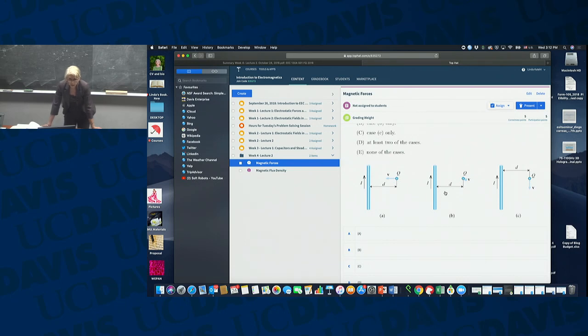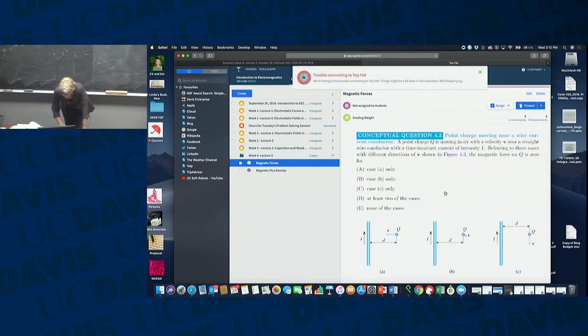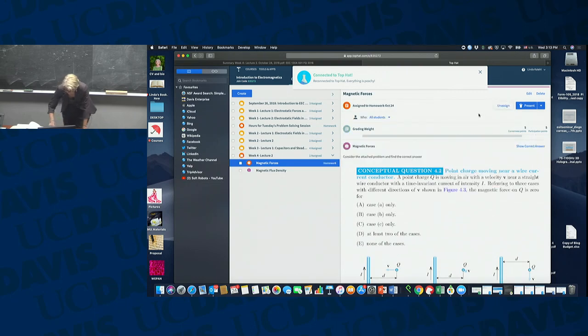I want you to think on the basis of what we discussed and to ask the question: which of the cases will give a zero force? All right, so I'm going to assign it now, okay? And then you should be ready to start working on it. And I will remove it from here so I can see what is happening while you're doing it.